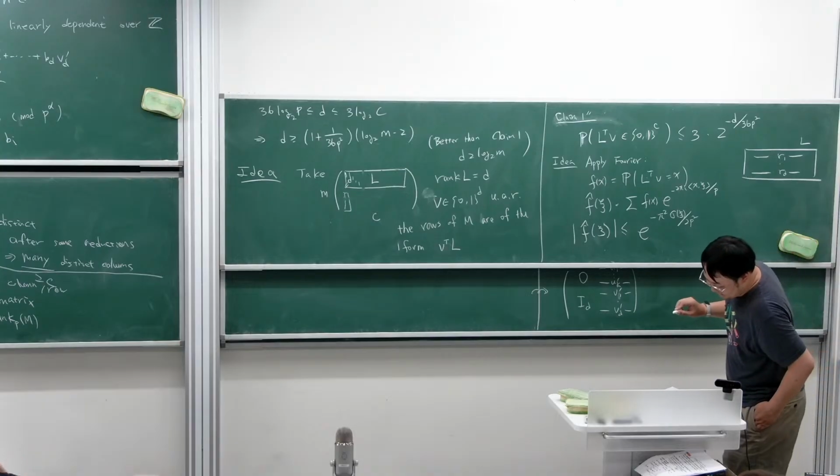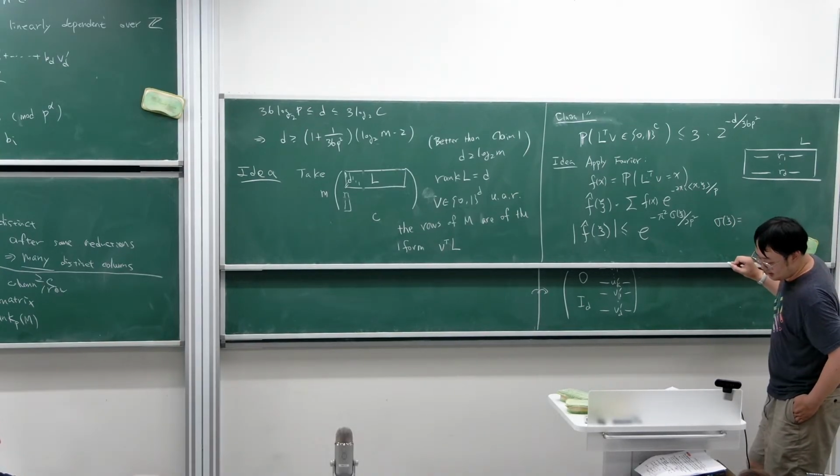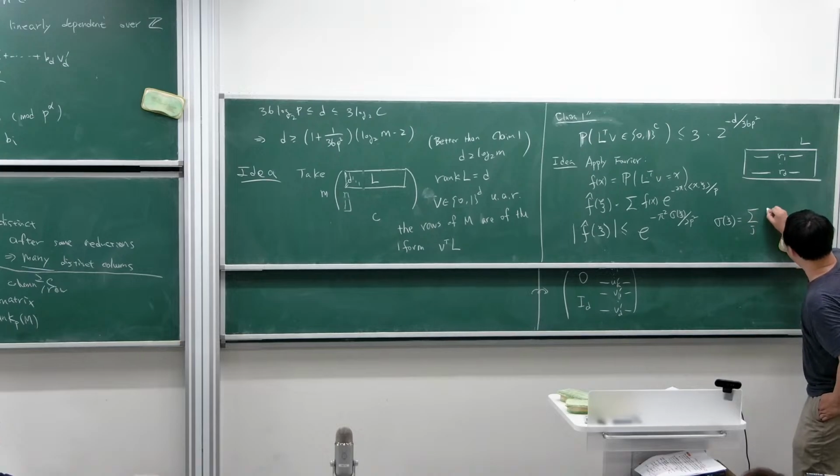And where sigma of c is given by the following quantity, that you sum over j the inner product of r_j with this vector c and square it.